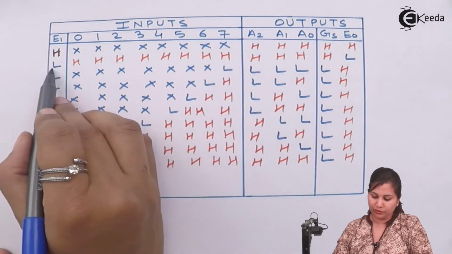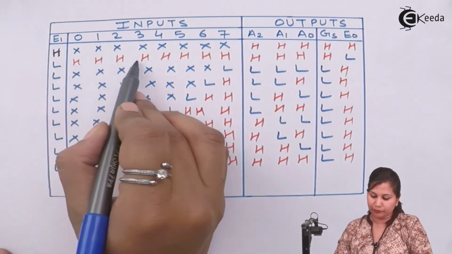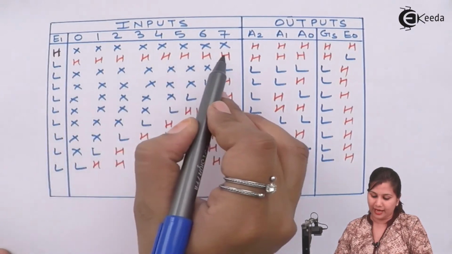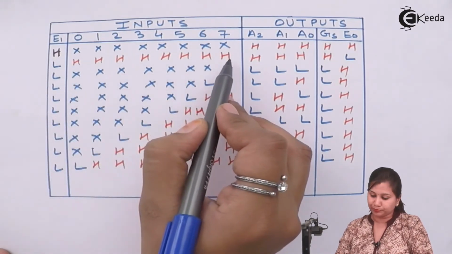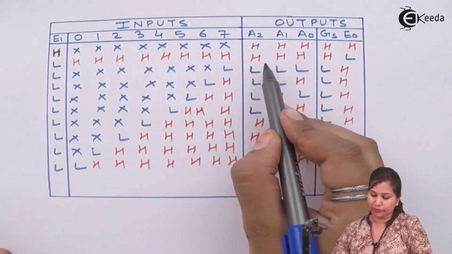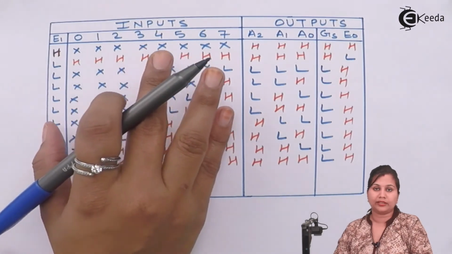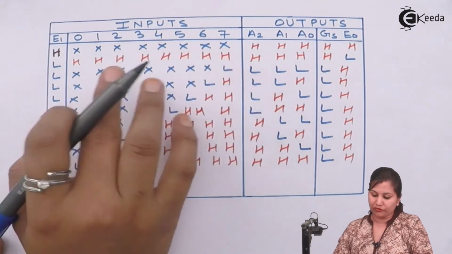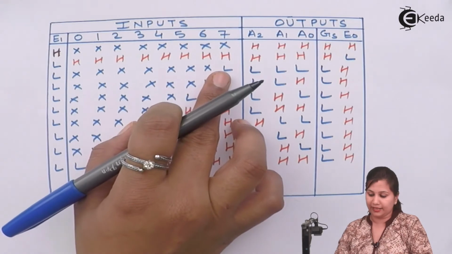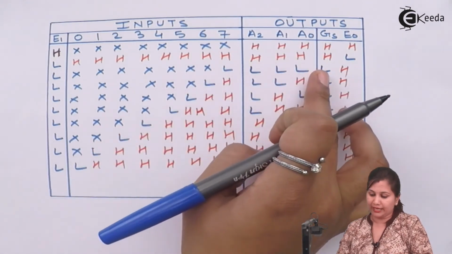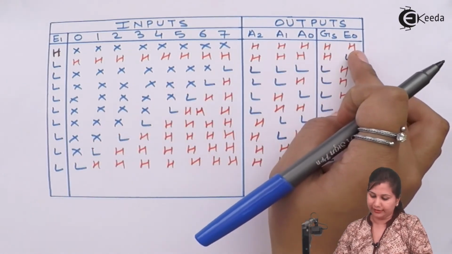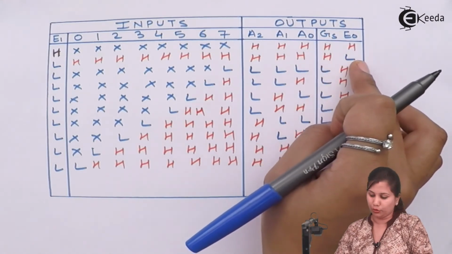When it is low and all the inputs are high, the output will also be high, because the input lines are active low. The GS and E0 lines are then high and low.